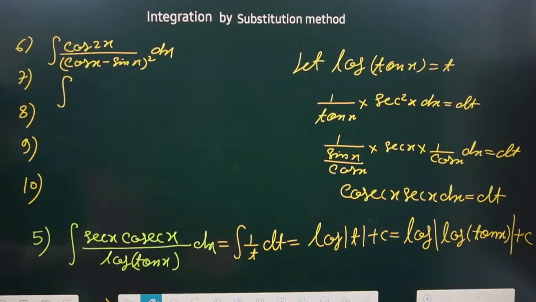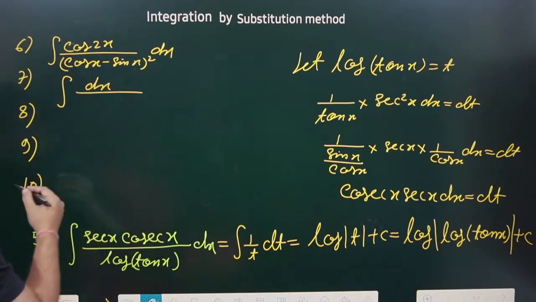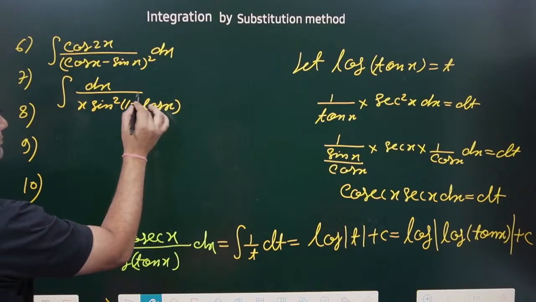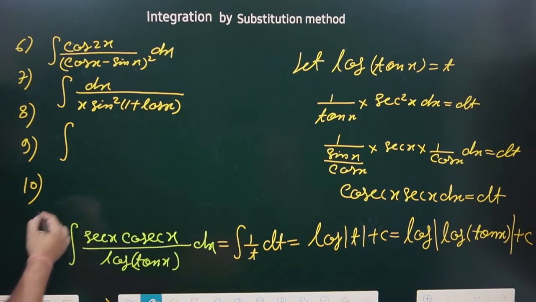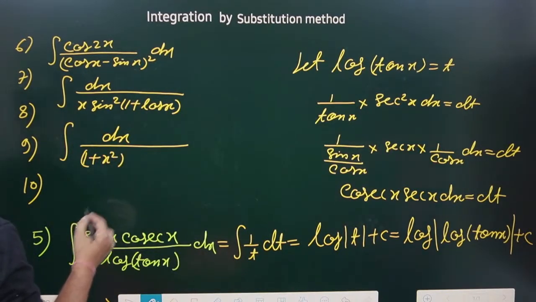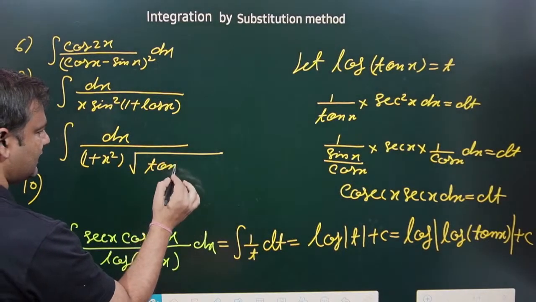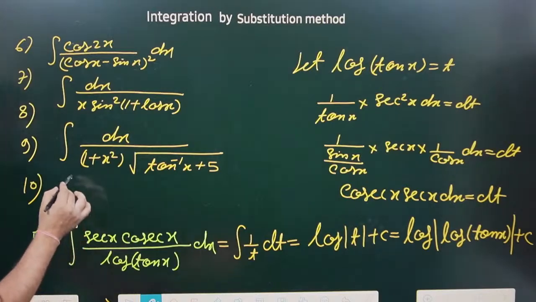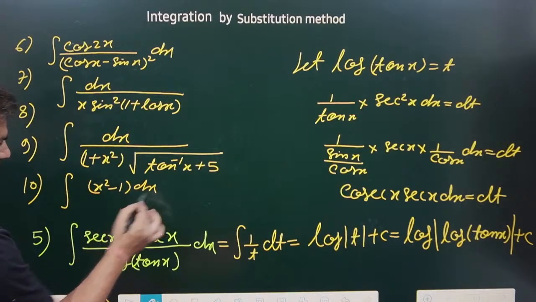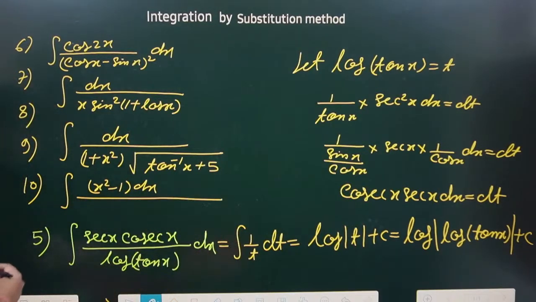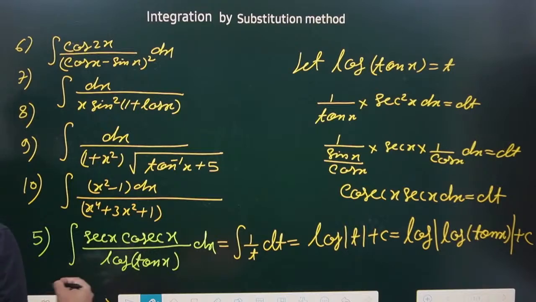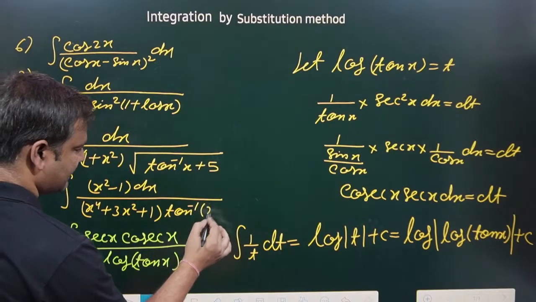Second one, dx divided by x into sin square of 1 plus log x, and next one, dx divided by 1 plus x square into under root of tan inverse x plus 5, and next one, x square minus 1 into dx divided by x to power 4 plus 3x square plus 1 into tan inverse x plus 1 by x.